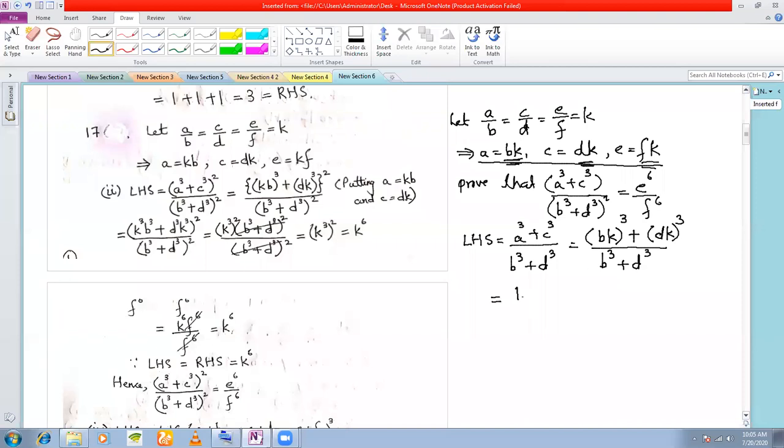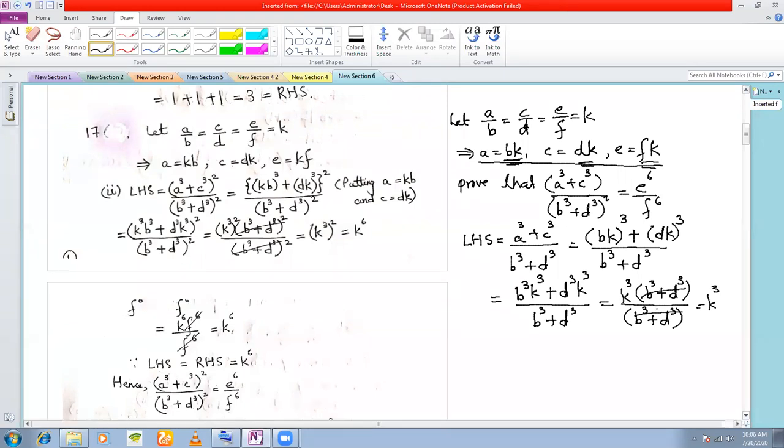So this becomes b cube k cube plus d cube k cube by b cube plus d cube. Now you take k cube common, b cube plus d cube divided by b cube plus d cube. These two cancel. So what are you getting? You're getting left hand side is equal to k cube.